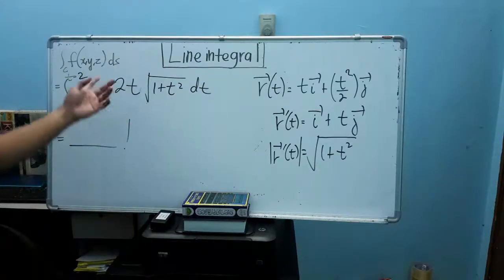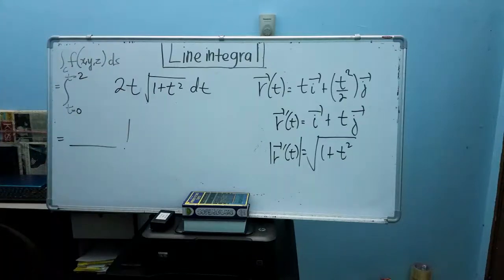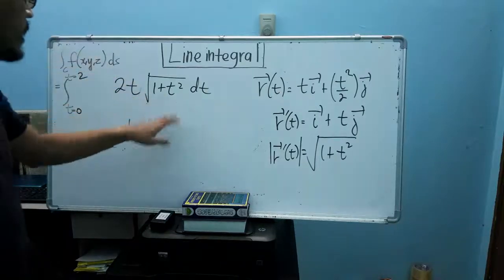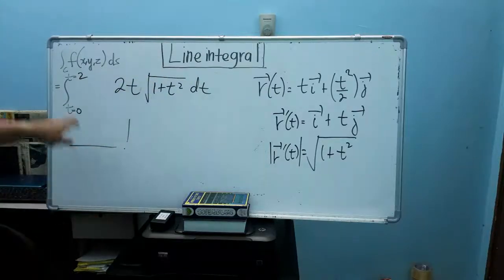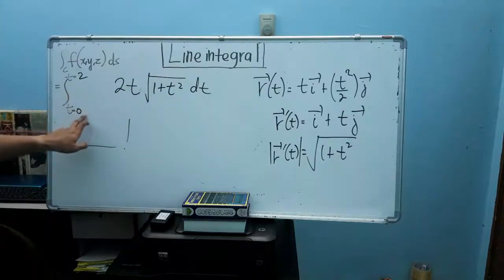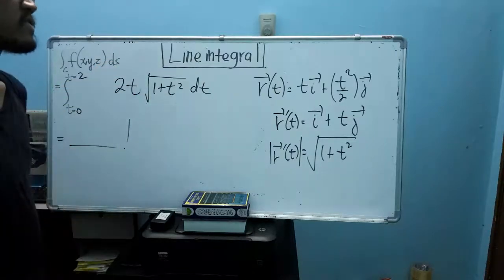Of course, you can also find f(x(t), y(t), z(t)). Then you just substitute into the formula, calculate, and get the answer. The limit of integration also should be in t, meaning it also relates to the parametric equation of C.